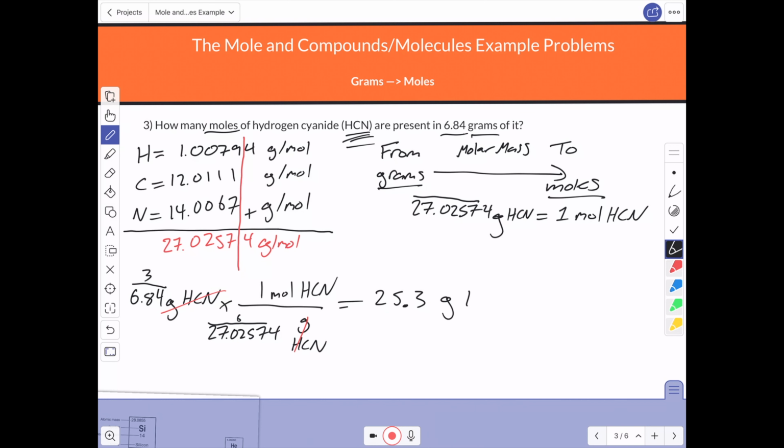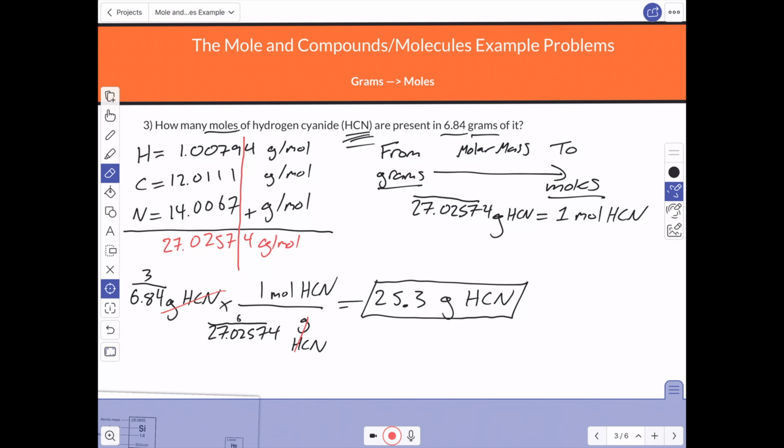That's a lot of hydrogen cyanide. That stuff is nasty. It'll kill you. Alright, 25.3 grams of hydrogen cyanide. Oh, no, this is moles. See? Check ourselves, right? We are going from grams to moles. So it's 25.3 moles of hydrogen cyanide.